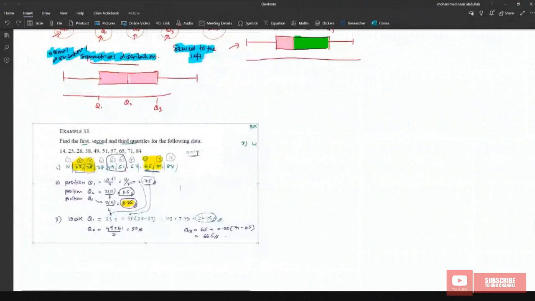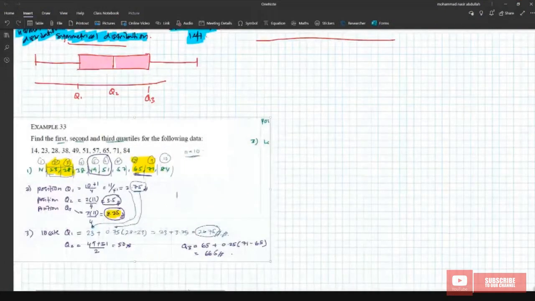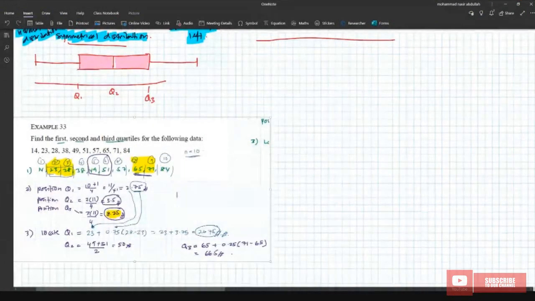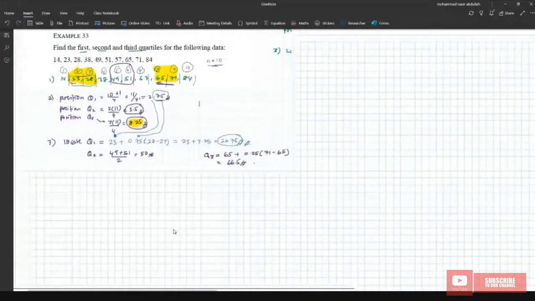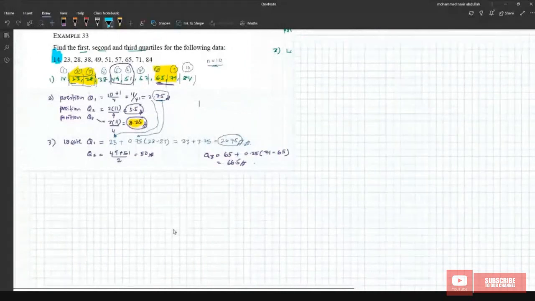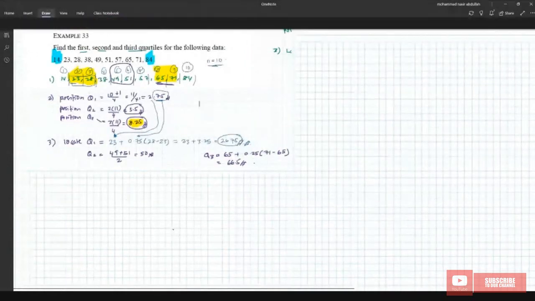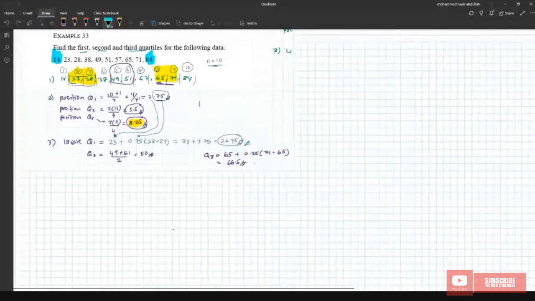Right. This is example number 33. Just copy back. So now, to draw a box and whisker plot, the minimum value here is 14, right? And the maximum value is 84. So we need to create a line.